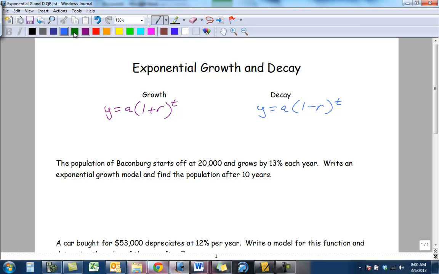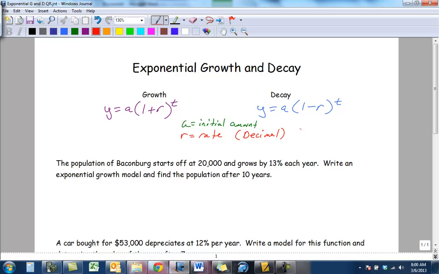In either case, A is the initial amount, what you start with. R is the rate. The thing to be careful of is that the rate is expressed as a decimal.